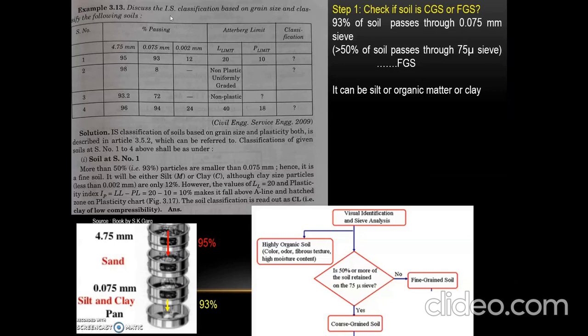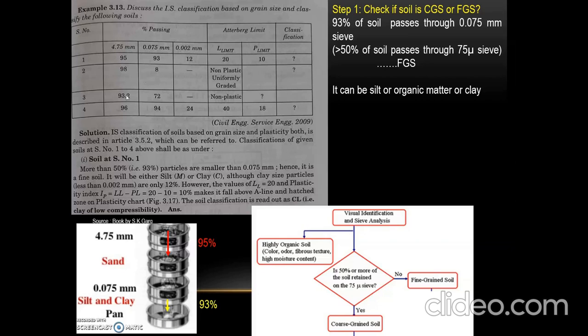In this problem, we are asked to classify 4 types of soils which are mentioned over here, that is 1, 2, 3 and 4, for which the test results are shown in the table. We need to classify the soil as per IS classification. The percent passing through 4.75 mm, through 0.075 mm and also through 0.002 mm is shown.